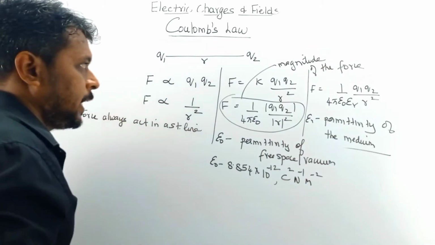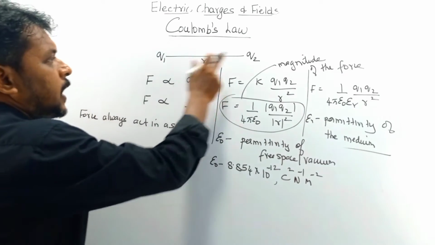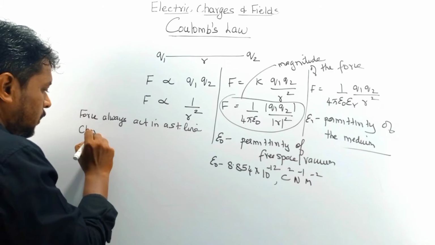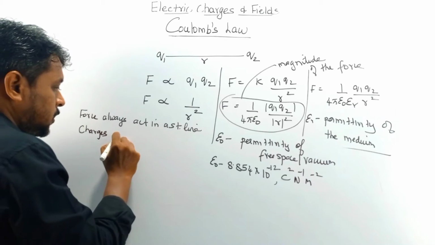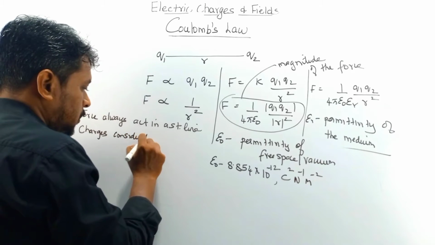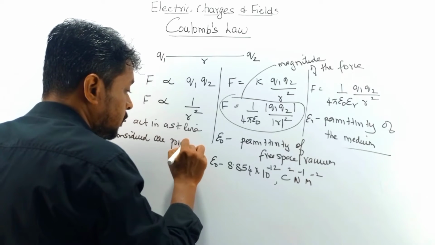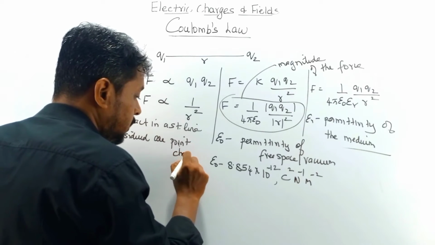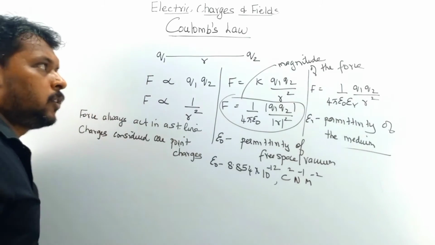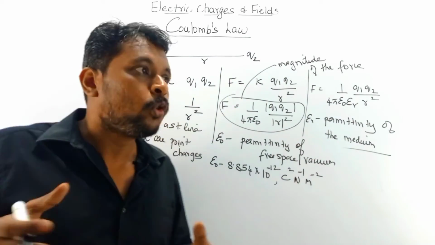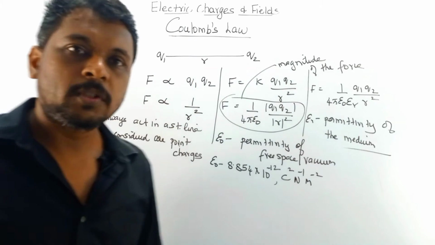The force acts in a straight line. Another point is that the charges considered are point charges. We cannot take a massive charge because we could not find the point where the force acts.